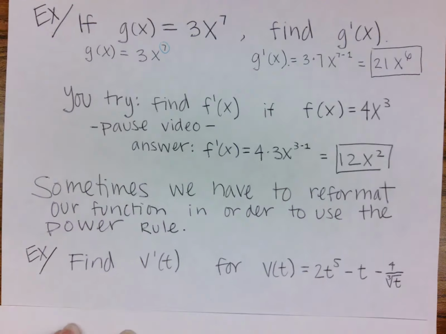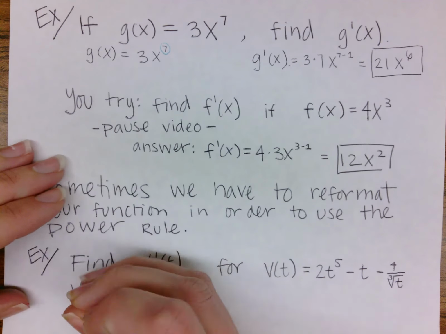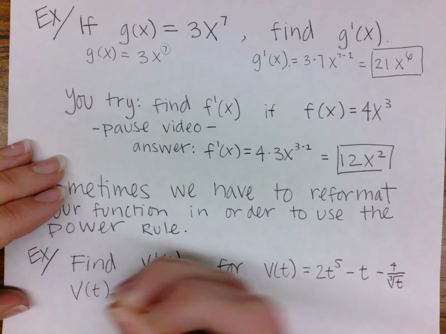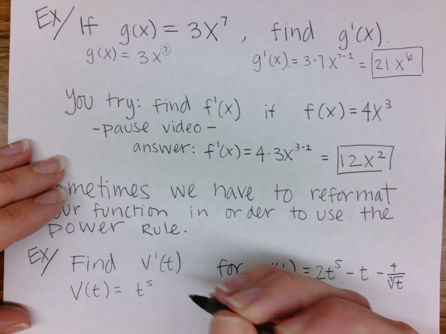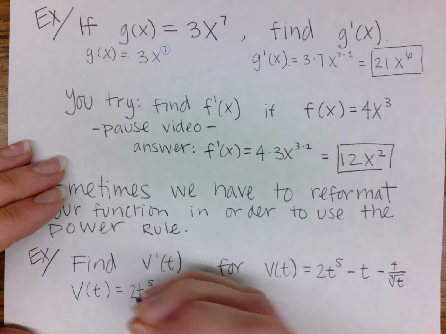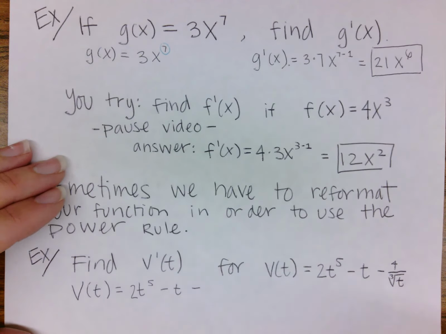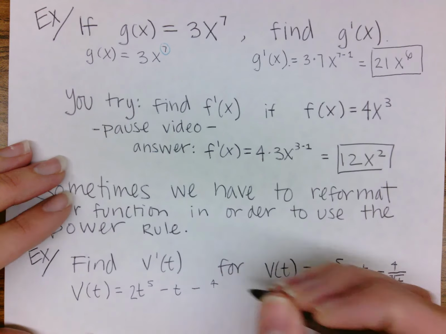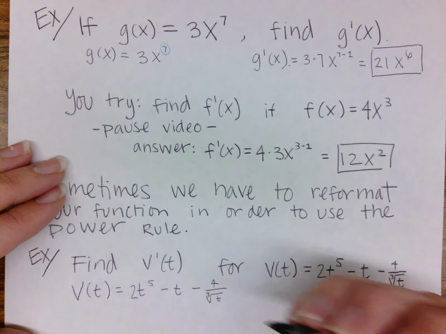So the first thing I'm going to do is rewrite my function v of t. v of t equals 2t to the 5th, minus t, minus 4 over the cube root of t.